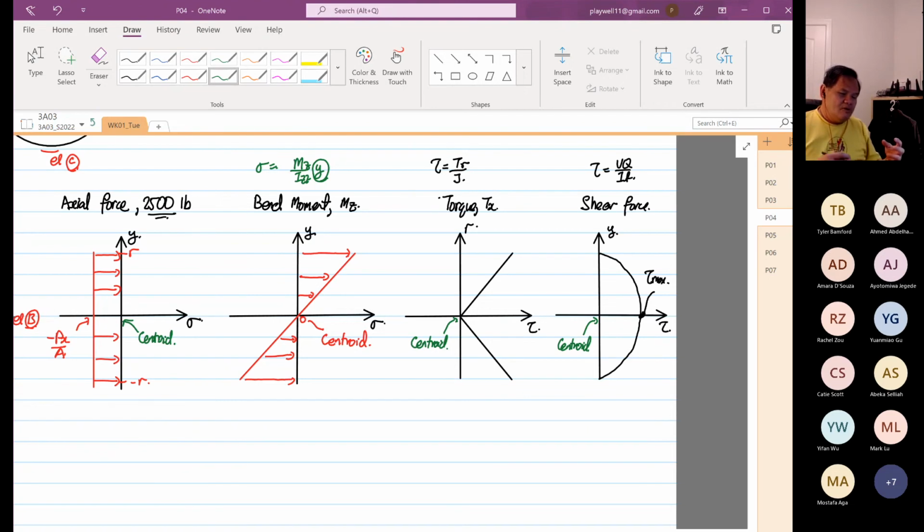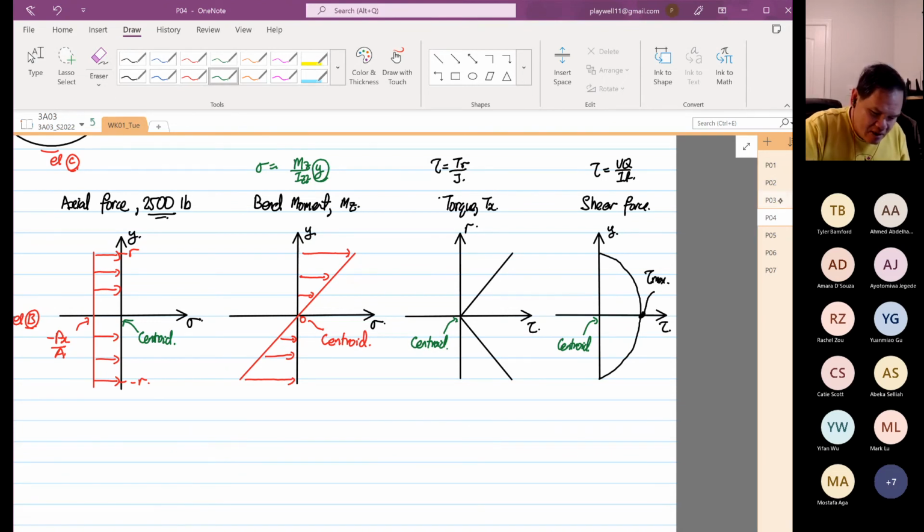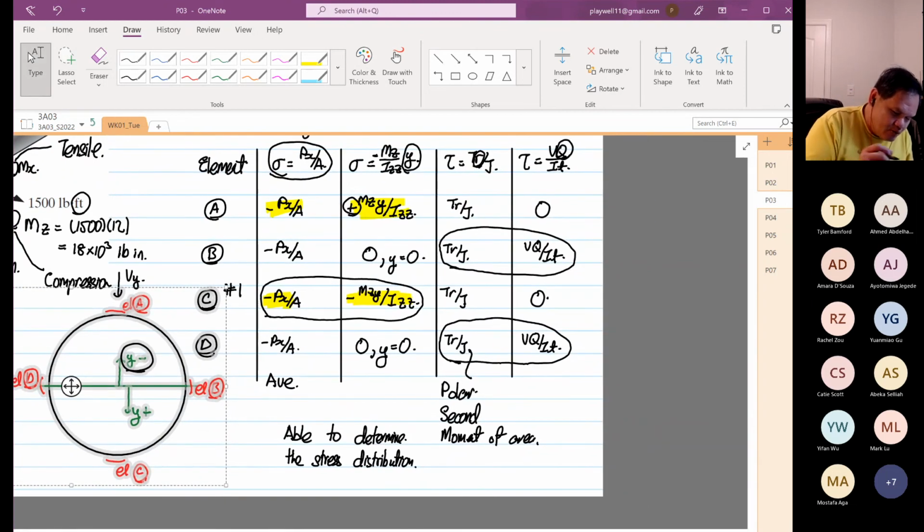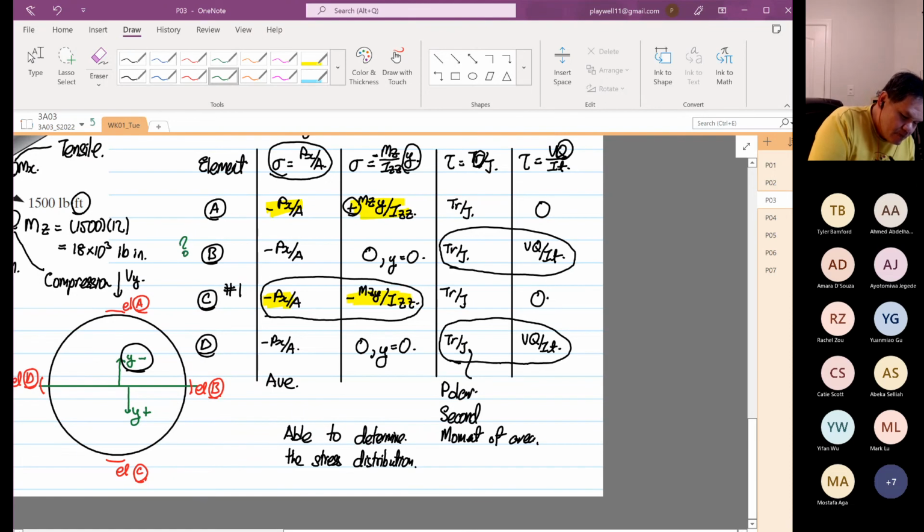So again, now from here you're like, whoa, how are we going to solve this problem? Now, why am I highlighting this? Because we don't know in terms of shear which has a higher shear, point B or point D. Normal stress, we sorted it out already.